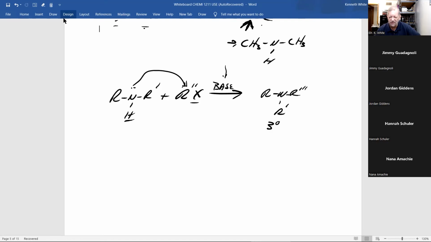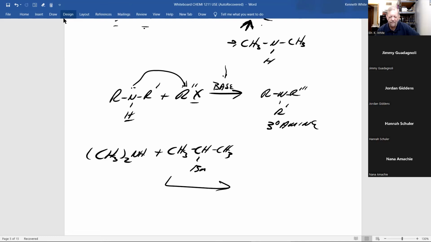And you make a tertiary amine. And if I do this one, and you do the reaction, the question is, what's the product or products you get with this reaction?